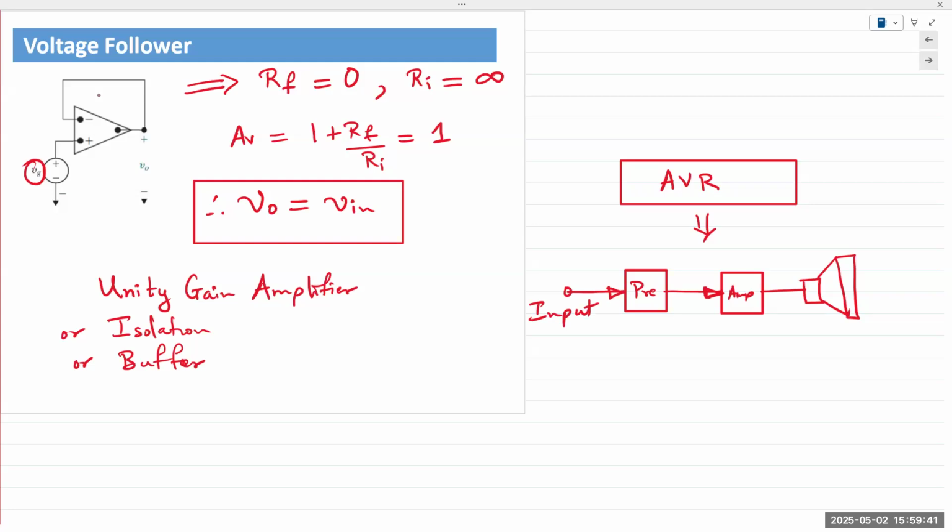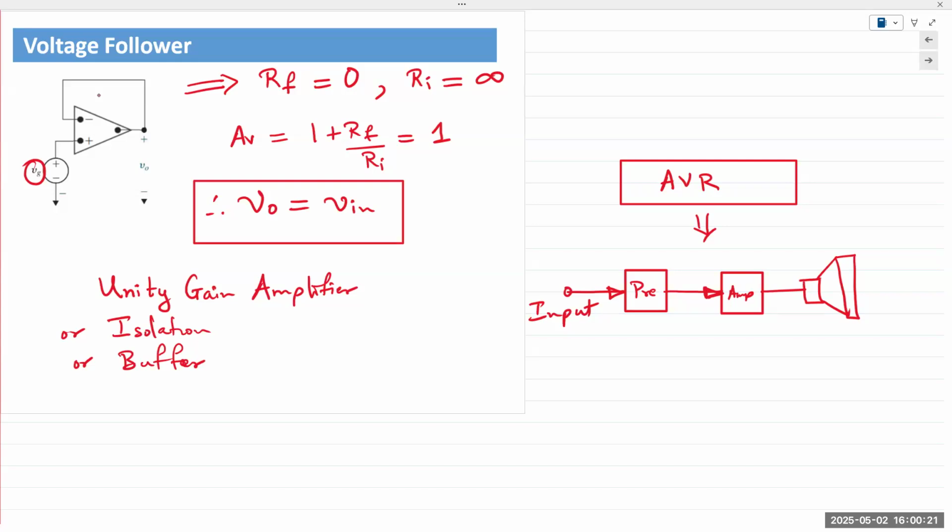Whatever that input is, it is going to be very small by default. We cannot produce a large signal out of thin air, so it's going to be small. Because it is small, it will have very small voltage and very small current. So before that input is fed through the circuit, if you don't have any isolation, the next circuit, let's say you feed it directly into the amplifier, the amplifier is going to draw a lot of current from that input circuitry.